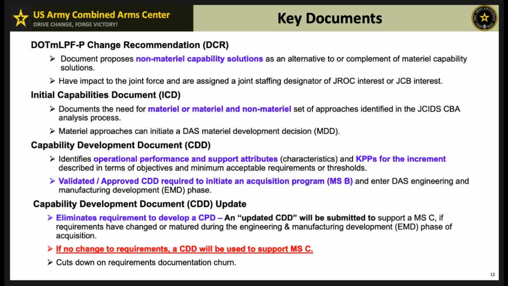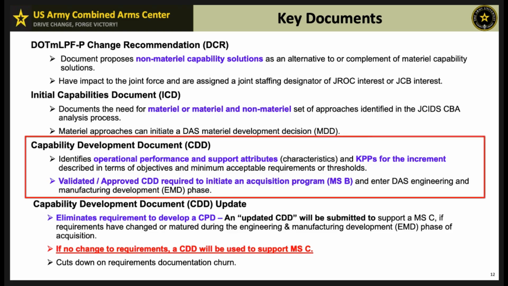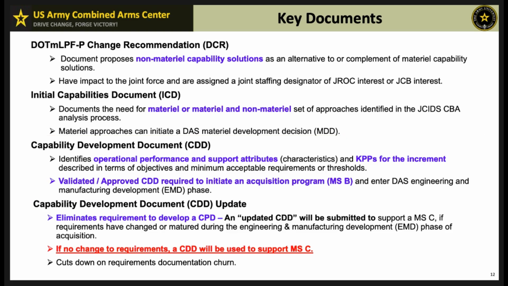The Capability Development Document, or CDD, outlines operational performance, support attributes, and key performance parameters for a capability increment. A validated CDD is essential for starting an acquisition program at milestone B and entering the engineering and manufacturing development phase.